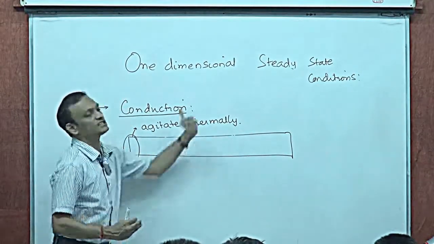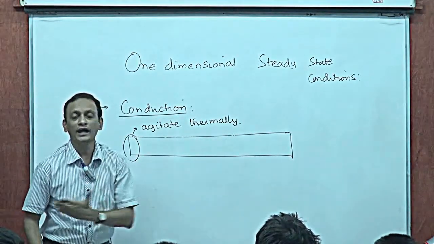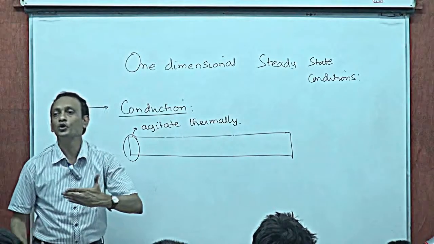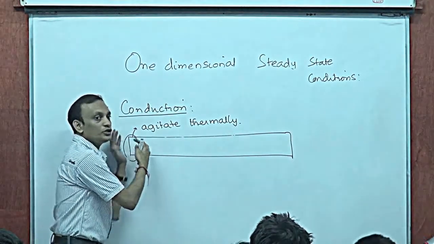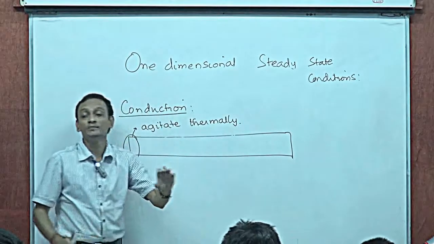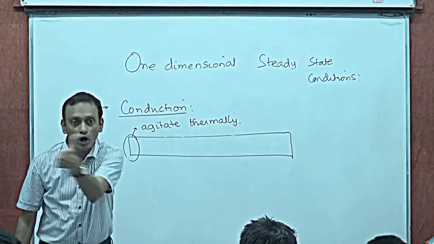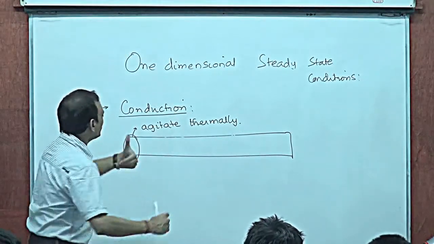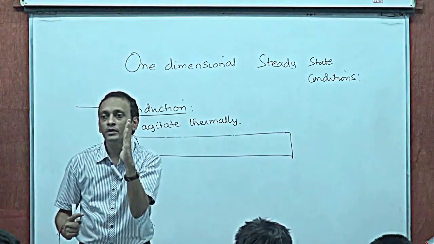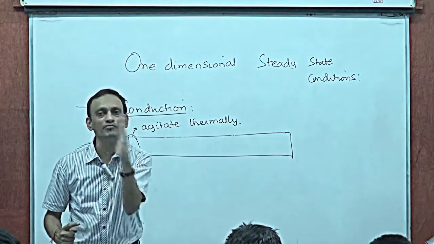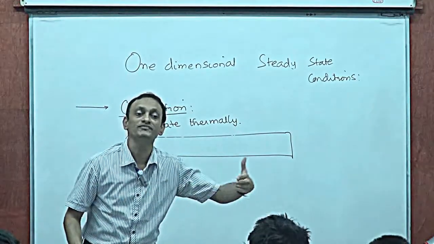And those particles in turn share the energy with their neighboring particles, and so on and so forth. And in the process, what constitutes is a flow of heat from a region of high temperature to a region of low temperature.